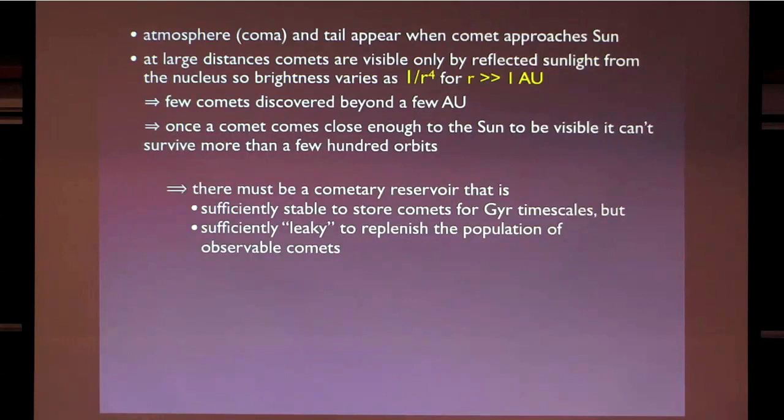And the inevitable conclusion from that is that you need a reservoir for the comets. The lifetime of the comets, once we see them, is very short compared to the age of the solar system. So you need a reservoir that satisfies two contradictory requirements. On the one hand, it has to be stable enough to store comets on gigayear timescales, but on the other hand, it has to be sufficiently leaky that comets are continually leaving the reservoir and coming into the area of visible space where we can discover them.